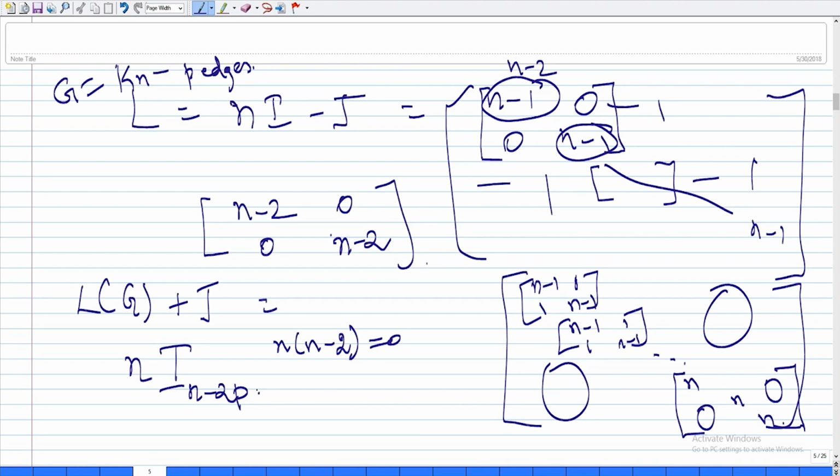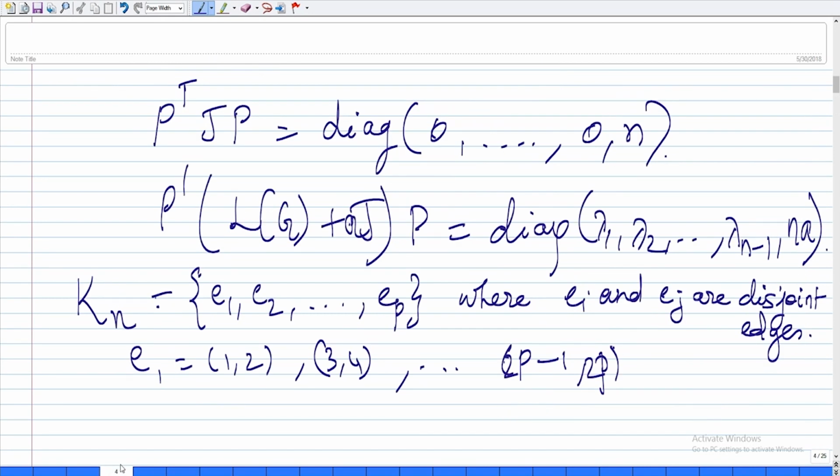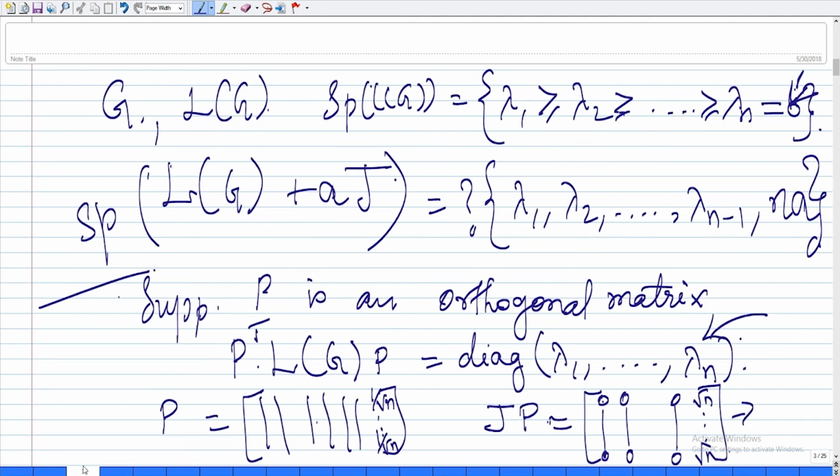So, now what can we say about the spectrum of L of G plus I, right? We were talking about these smaller blocks now. So, from the previous result, I can say that my spectrum is going to be the spectrum of L of G, the first n minus 1 spectrum followed by n, right.